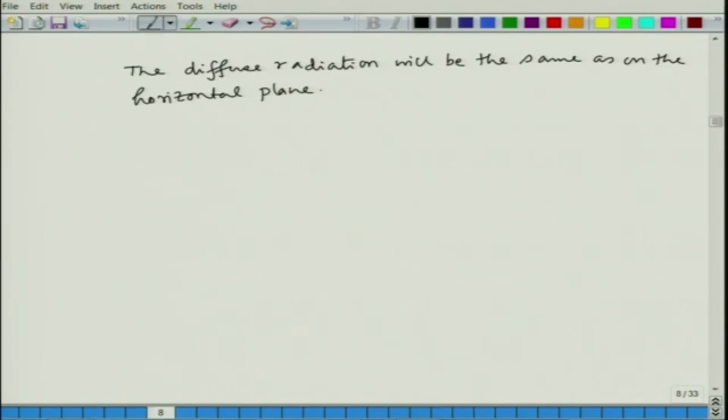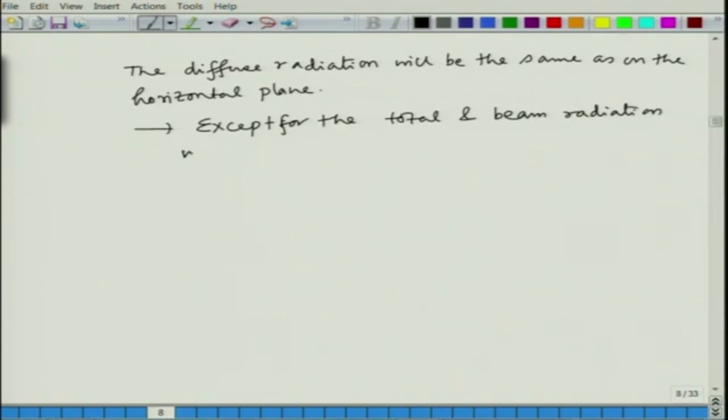So, that is why they will be the same. So, except for the total and beam radiation, we can get rid of the subscript T. Subscript T stands for tilt, right. So, if that is the same, then we can get rid of that part.